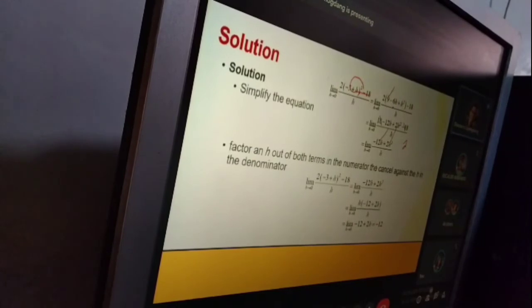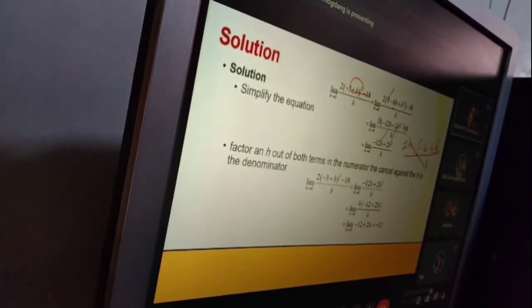Pag i-factor natin yung 2h, ano bang matitira? Matitira sa loob ay negative 6, tama? Negative 6, para pag i-multiply mo yan ay negative 12h plus h na lang, all over h na siya. Kaya makakancel mo to.